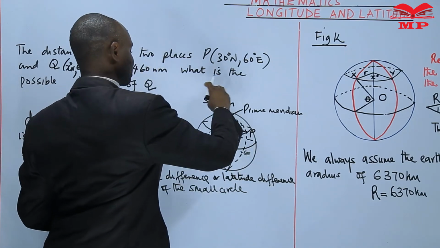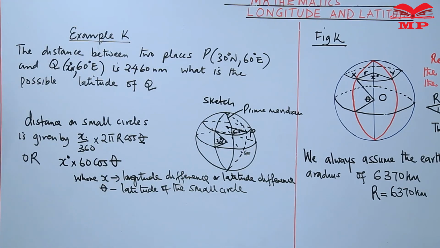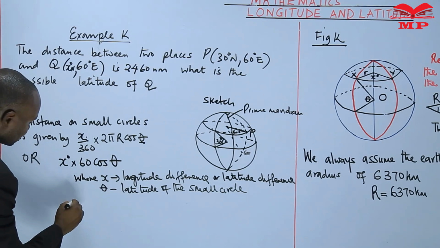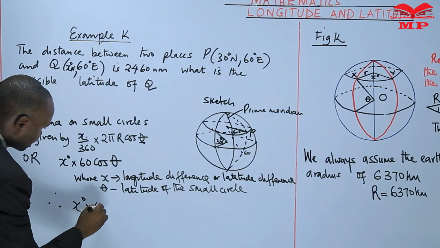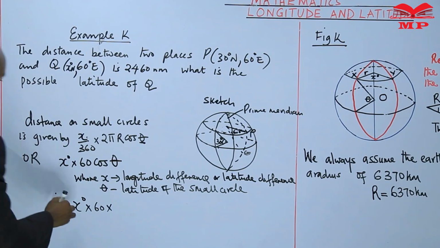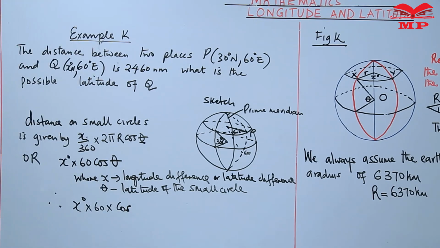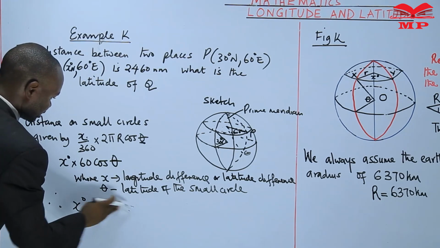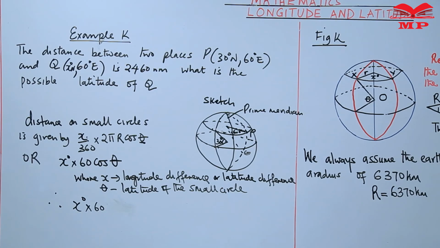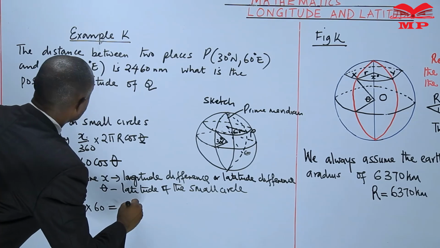It is either north of P or south of P. So we know x degrees times 60, because it's a big circle, that latitude difference is equal to 2,460.